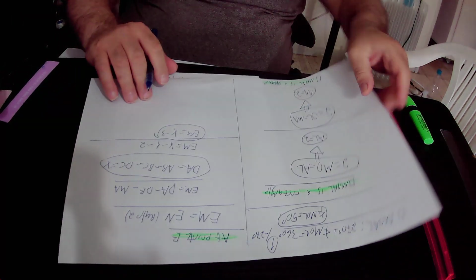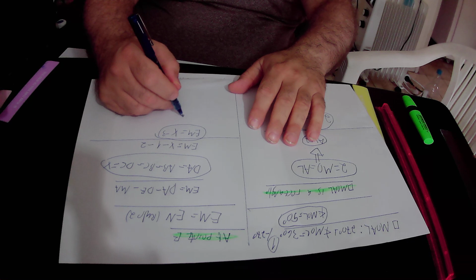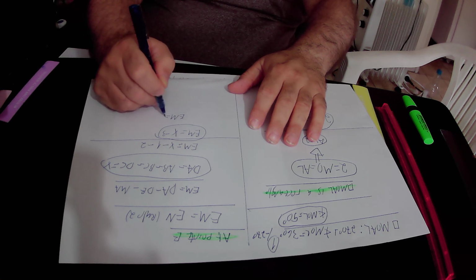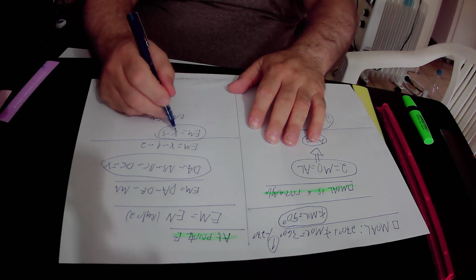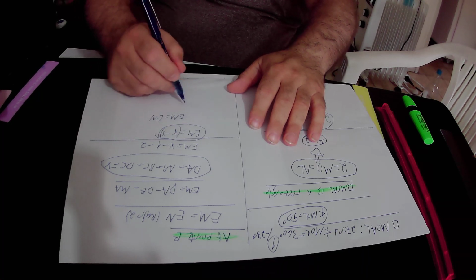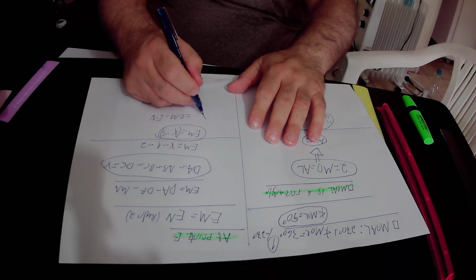But according to rule number 2, EM equals EN. And we just found out that EM equals x minus 3.